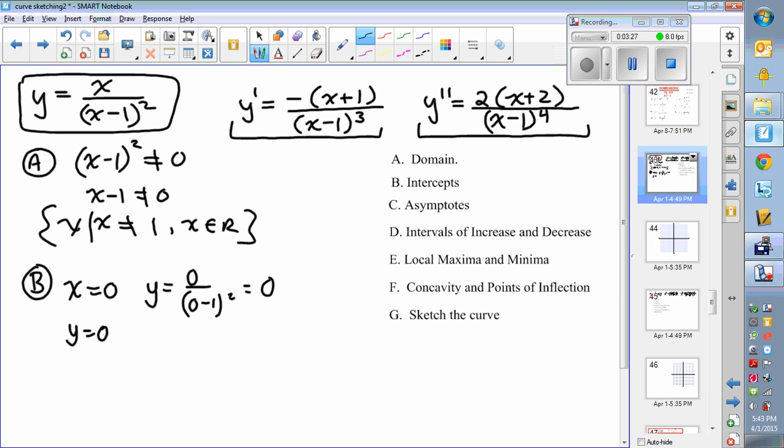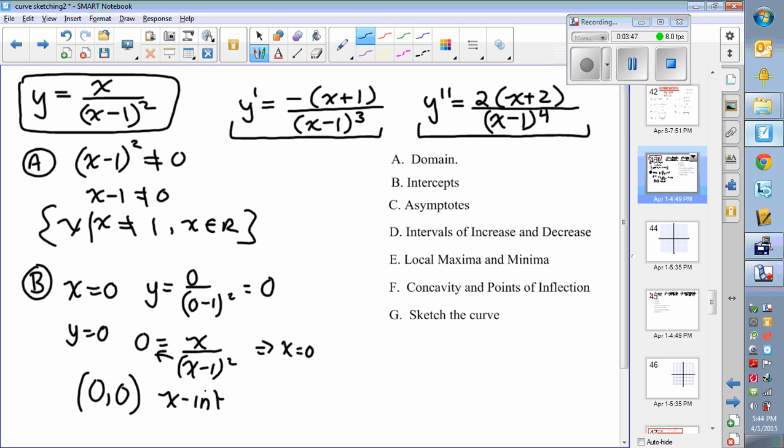When you set y equal to 0, you get 0 equals x over x minus 1 squared. Cross multiply, that goes away. You get x equals 0. You get the same point like I told you you would. So 0, 0 is both your x-intercept and, of course, your y-intercept as well.